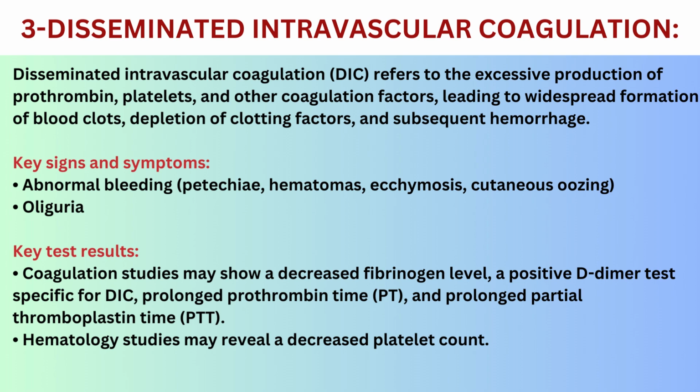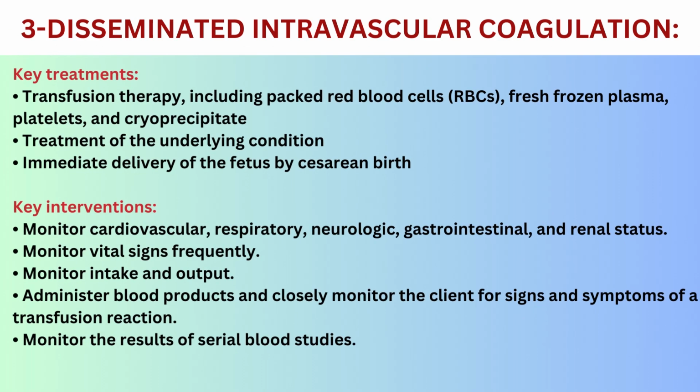Hematology studies may reveal a decreased platelet count. The key treatments include transfusion therapy, including packed RBCs, fresh frozen plasma, platelets, and cryoprecipitate, treatments of the underlying cause, immediate delivery of the fetus by cesarean birth.